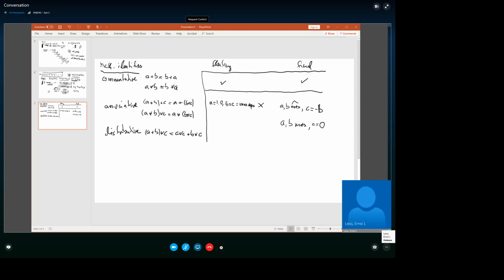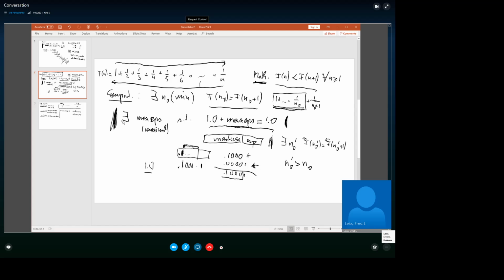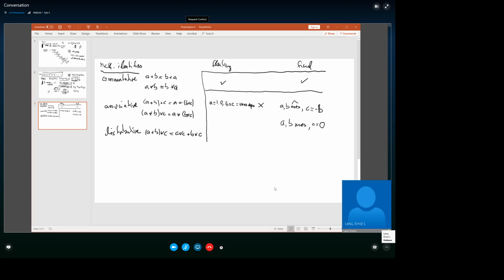You can pick other values in floating point. You can get an analog of this that is somewhat similar for multiplication, but we don't really need to go into that.